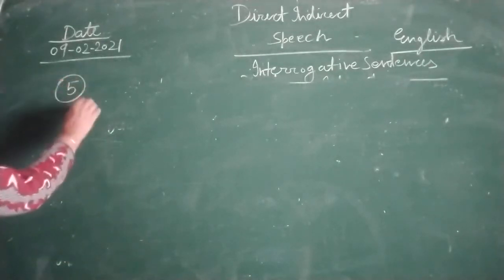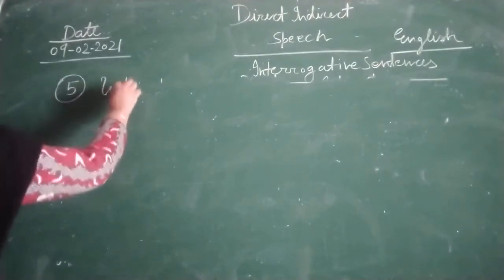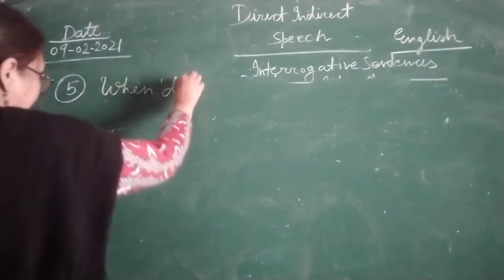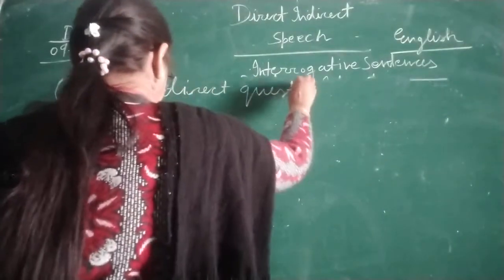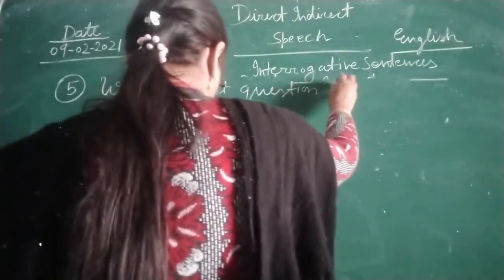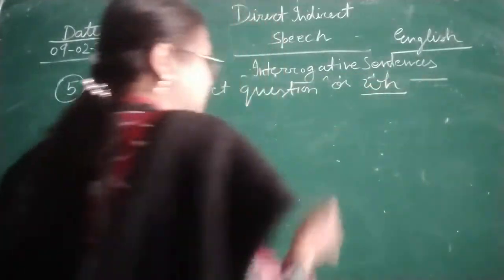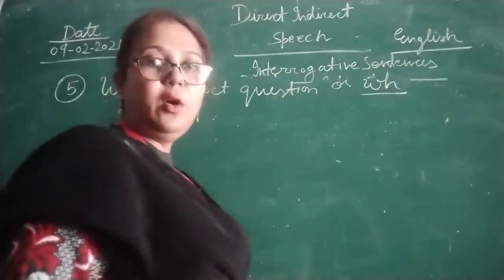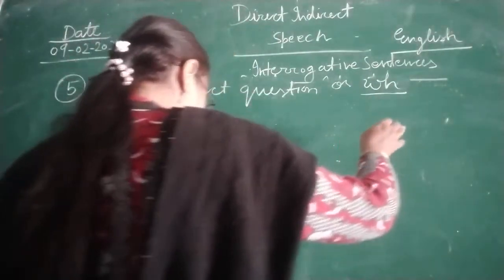Okay children, now our fifth rule is, when a direct question is a WH question, it means where, when, what, these types of questions. So what we will do?